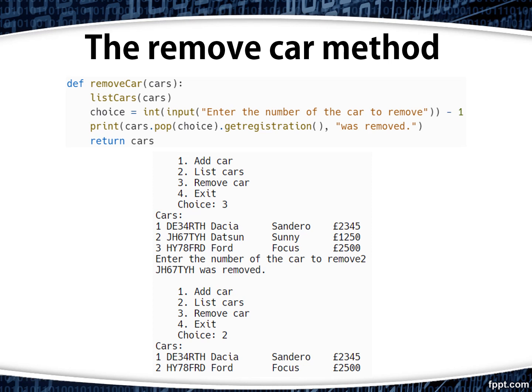We then print a message to say which car was removed, and using pop means that the item is also removed from the array. We then return the cars array back to the main program with one less car in it. You can see that when we call list cars after we've called the remove car method, we no longer have the Datsun as one of our cars.